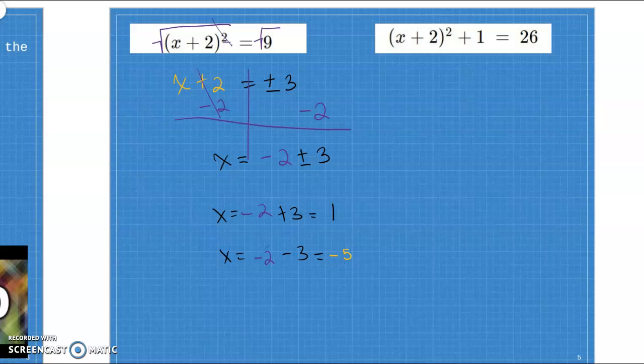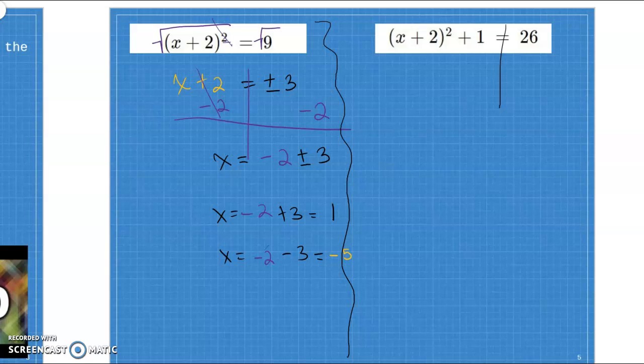So using the exact same process as the one we just did, we're going to do the same thing. I need to take the square root of this (x + 2)². But what I need to first do is get rid of this 1. This 1 can't be there.